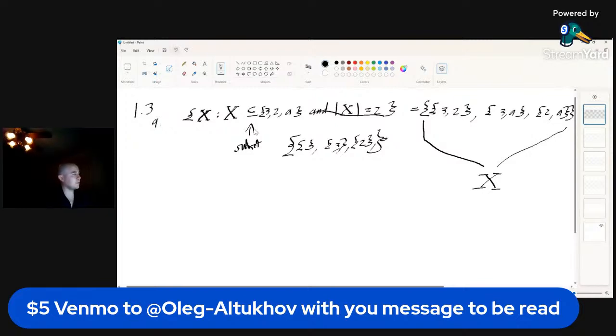But that's not what it wants, and my thing crashed. So I have to do some painting over here. This is a second condition.